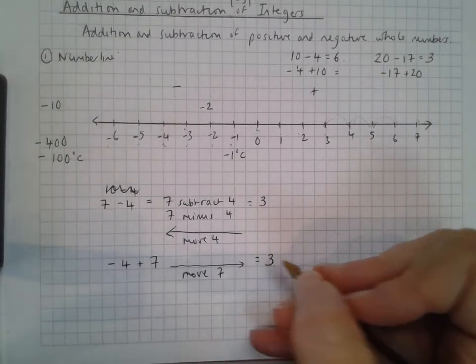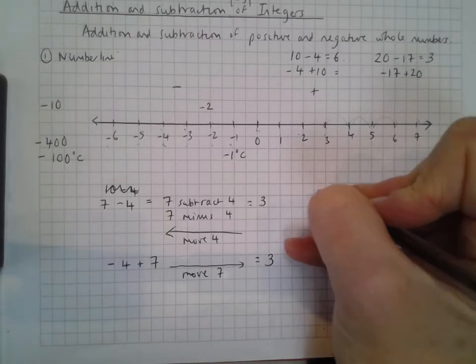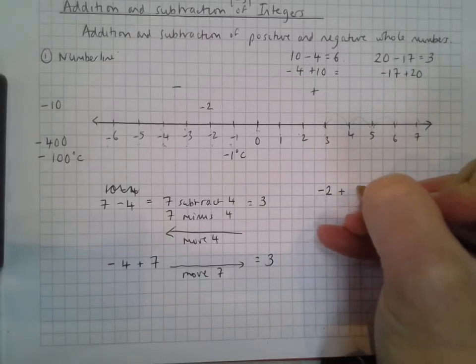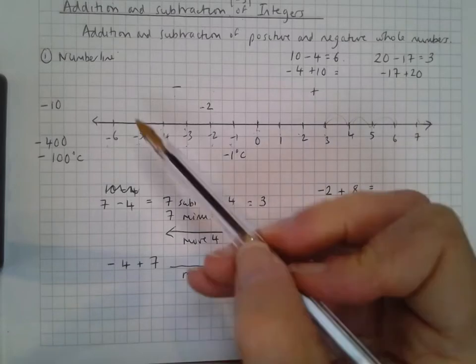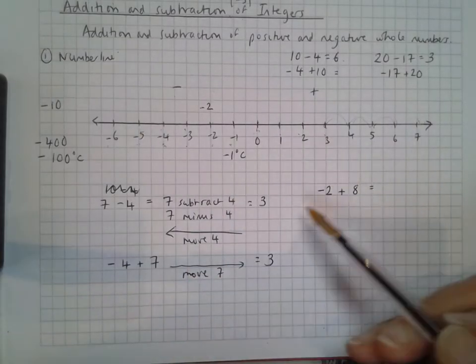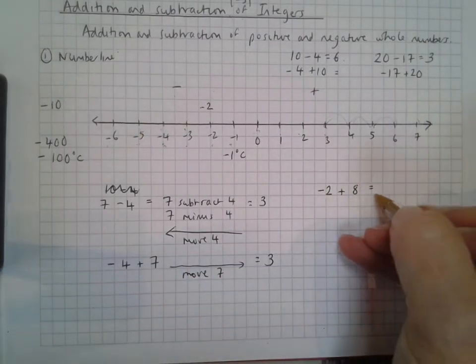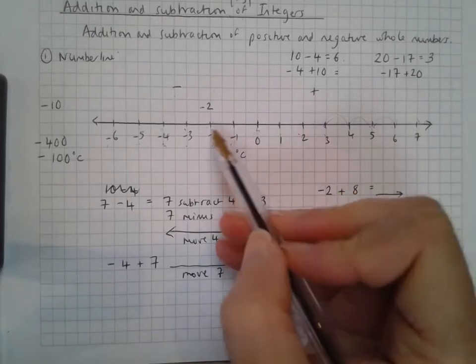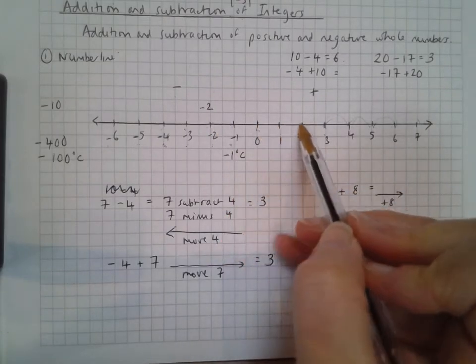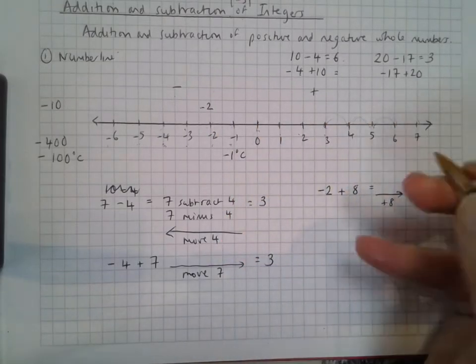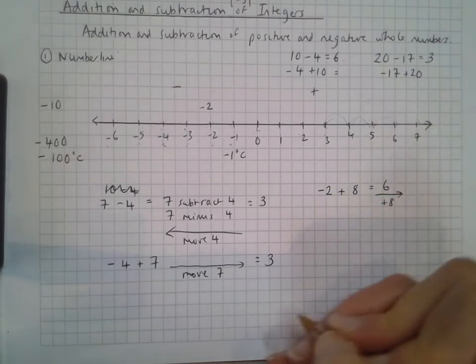Let's take another one. Say we had -2 plus 8. I'm going to start here at -2. Because we're adding on 8, we're going to move to the right, 8 places. 1, 2, 3, 4, 5, 6, 7, 8. So -2 plus 8 is 6.